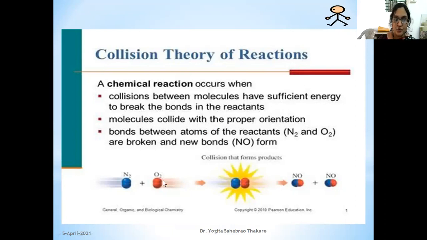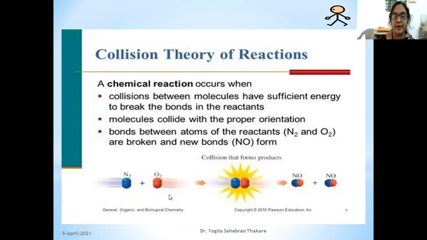When N2 and O2 collide and form the product NO and NO, there must be a breaking of the bond in N2 and O2, and a formation of a bond between N and O. If the bonds between the atoms of the reactants N2 and O2 break, then and only then will the new bond in NO form.